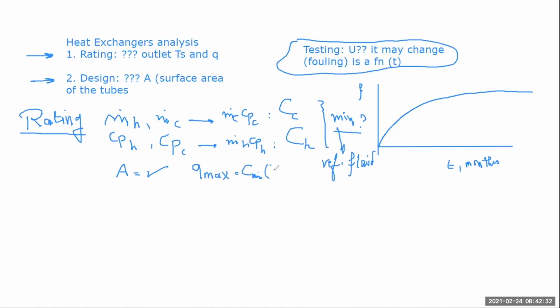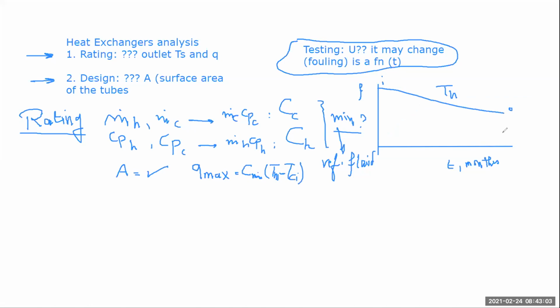Delta T max is the hot fluid temperature in minus the cold fluid temperature in. This is the maximum temperature difference within a heat exchanger. A heat exchanger would have one fluid entering, the hot fluid entering at high temperature, and due to transfer of heat to the cold fluid, its temperature drops. So this is T H, inlet and outlet. Suppose I'm talking about a counterflow heat exchanger.